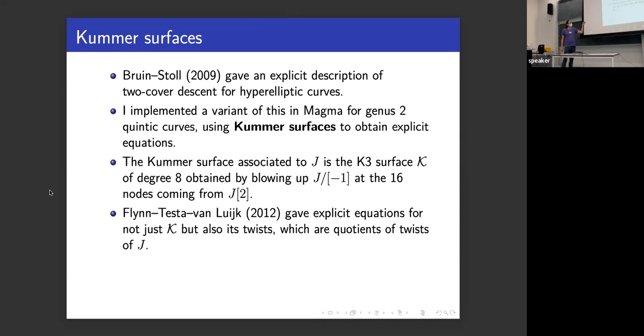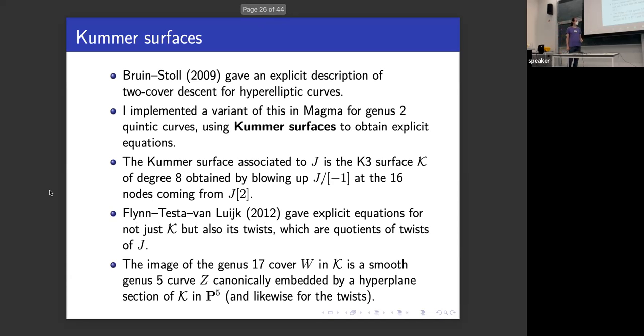Flynn, Testa, and van Luijk, in fact, gave explicit equations not just for this, but also for all of its twists in the same sense of twist that we need for descent. And so these are quotients of twists of the Jacobian. It's all a very explicit picture. You can just write down these equations.